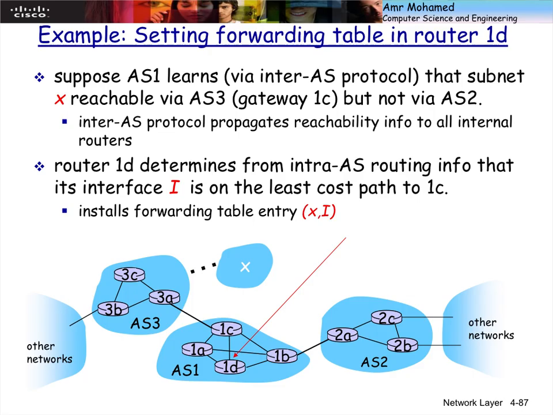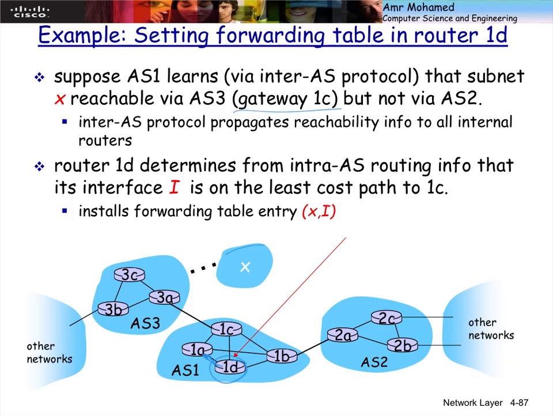So this example talks about the fact that if 1D wants to reach X, and X is reachable only from autonomous system 3, then the information that 1D will have in its routing table to reach X is through this interface, which will go to 1C, and then to autonomous system 3.